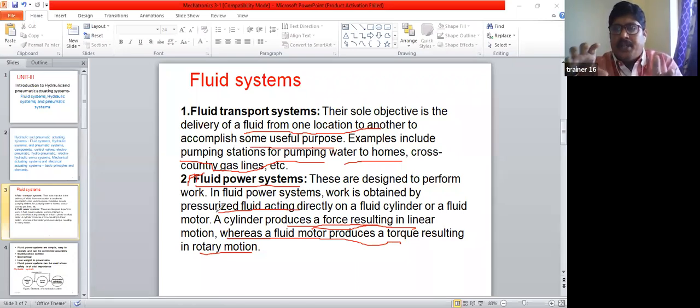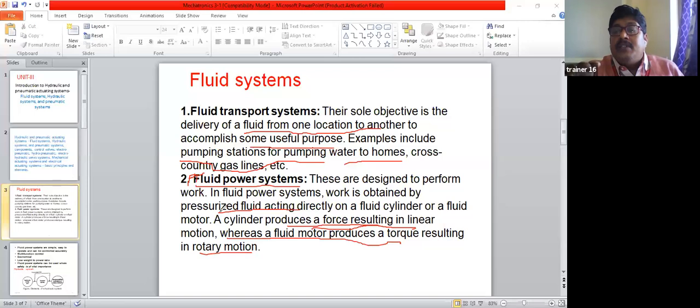Automatically the piston inside the cylinder pushes that product with an exact force, so that the product moves a particular distance correctly, exactly, where the next operation is carried out.